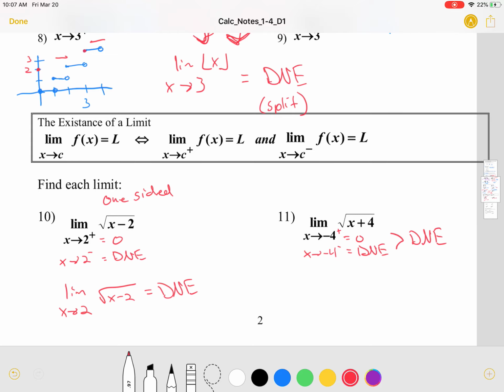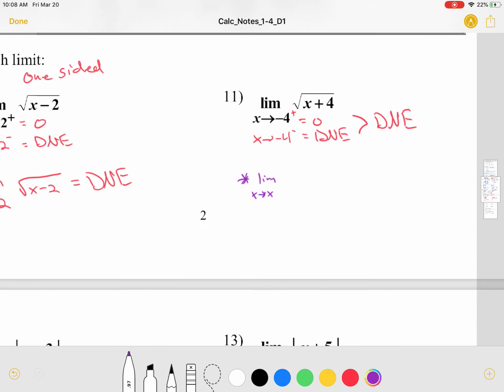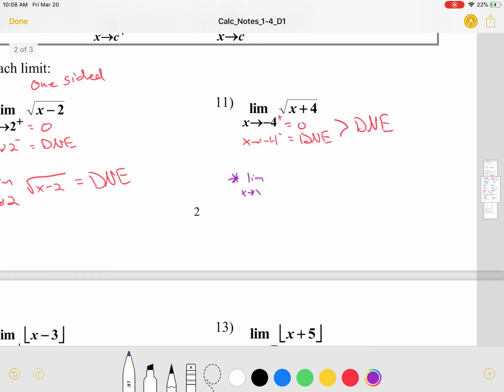So, just a good thing you may want to put in your notes is a little shorthand. I like to write things in these organized columns. You write the limit of x going to c from the positive side: you test the right side only.